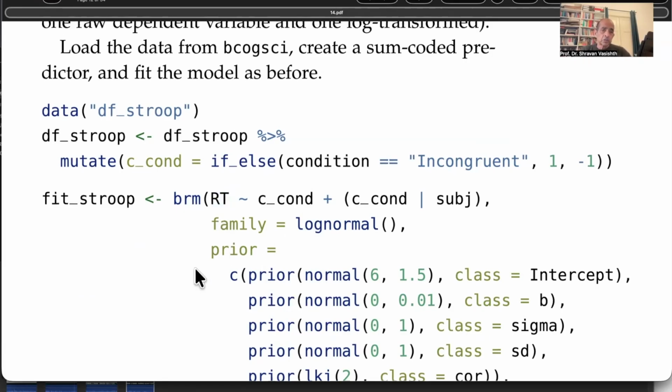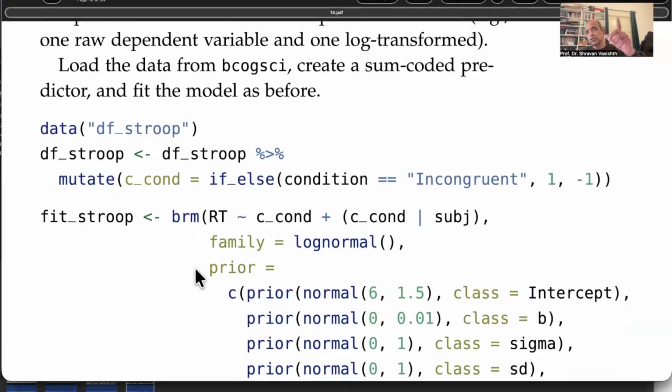Okay, so this is the Stroop data where you have congruent versus incongruent words on the screen. The congruent words are those which are written in the color green and spell out the word green. The incongruent words are those in which the word and the color don't match.